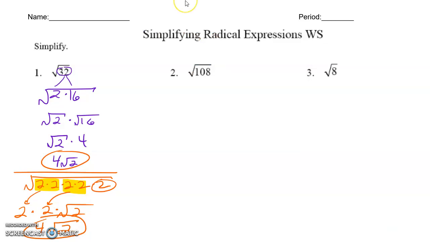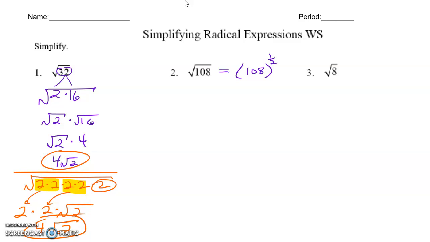So I briefly mentioned that the radical sign is an exponent. I want you to know that you can rewrite the square root of 108 as 108 raised to the 1/2 power. That whole fraction is the power that represents the square root.